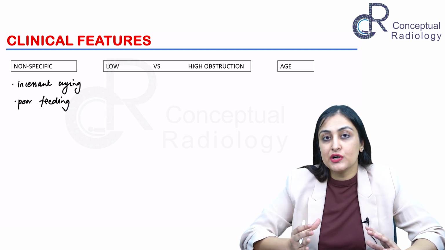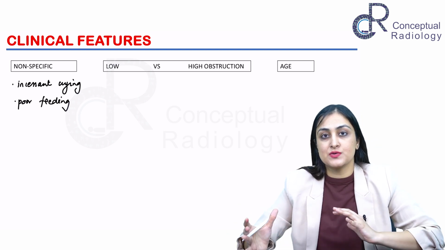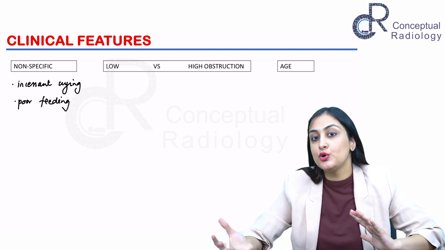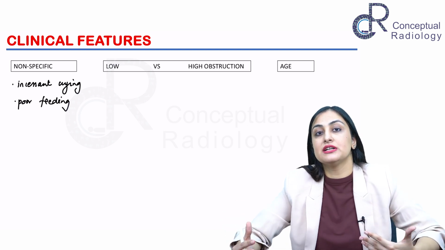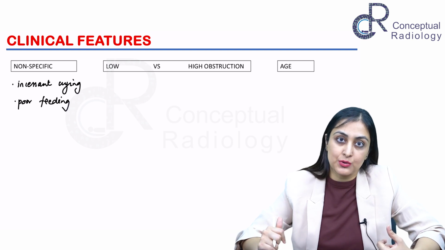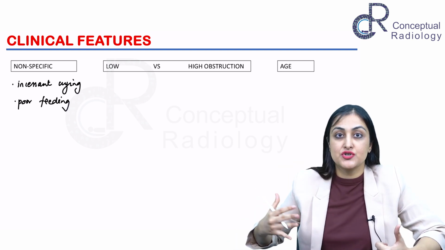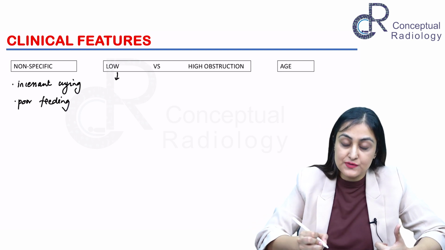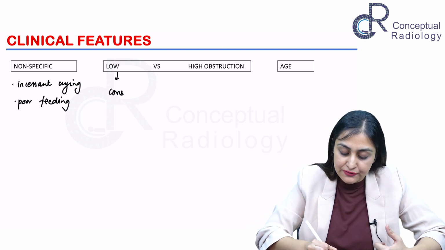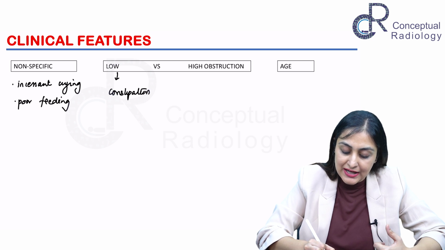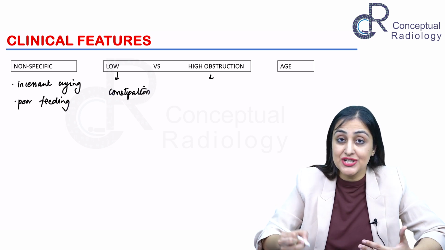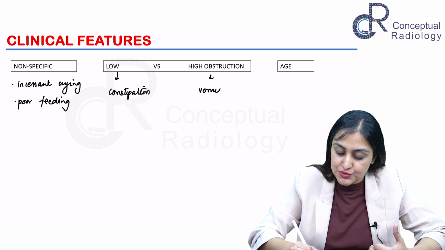Now, when we talk about the localization as far as whether it's upper GI tract or lower GI tract, what are the clinical features which will help you narrow that down? So, low obstruction basically means obstruction which is lower down in the GI tract. This is frequently going to present with symptoms of constipation, whereas high obstruction that is higher in the GI tract is frequently going to produce vomiting, right?